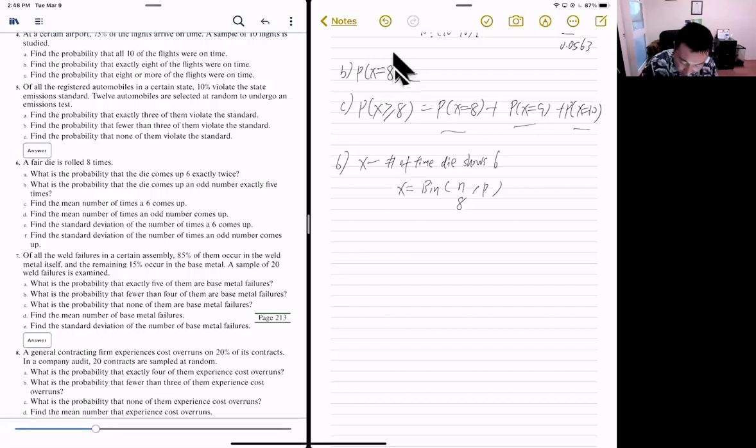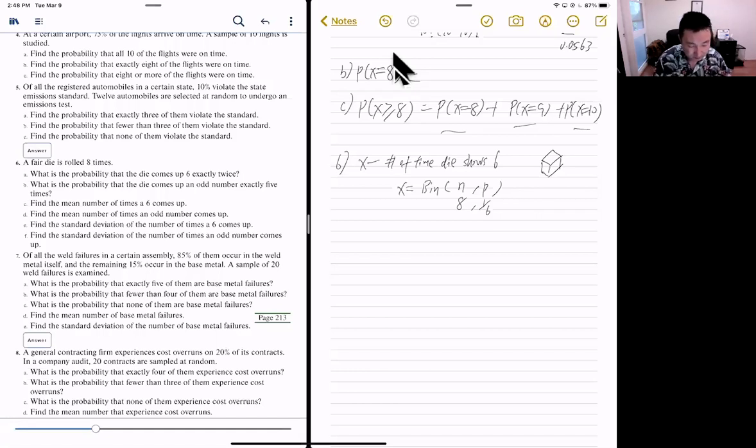Sorry, it's a die, it's not a coin. So for a fair die, the chance it shows a 6 is what? 1/6, because the die has 6 faces, right? The chance it shows a 6 is 1/6. So p here is 1/6.